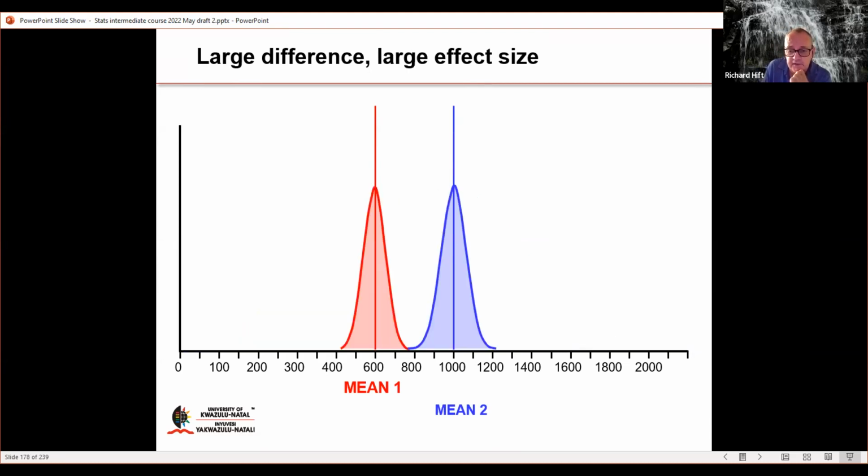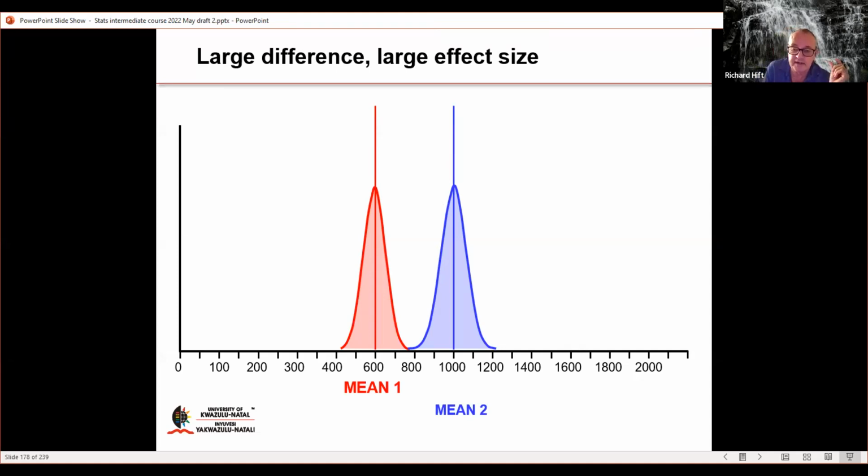On the other hand, if we shrank the sample deviations, the spread, like that, then that again would become a very big effect size. Just about every member is completely different to every member of the first group. So effect size is not the same as the size of the difference.